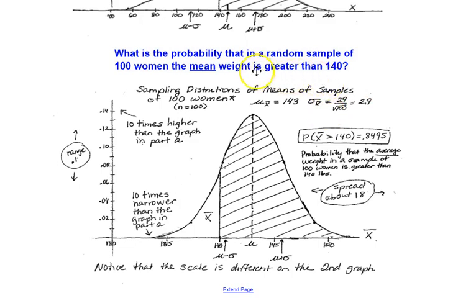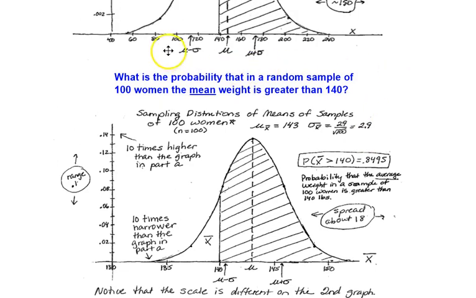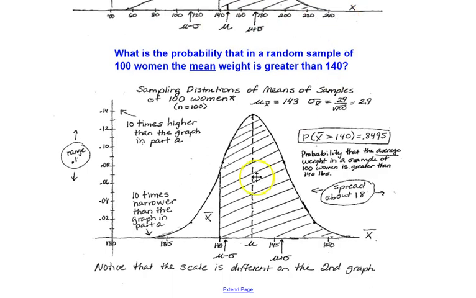Also, we have a large enough sample size that it wouldn't have mattered anyway. So we have mu of X bar is 143. Sigma of X bar is 29 divided by the square root of 100. I picked that nice number so we could easily figure out that sigma is 2.9. So now the distribution is, instead of being spread from 55 to 240, spread from about 130 to maybe 160. Much smaller spread.